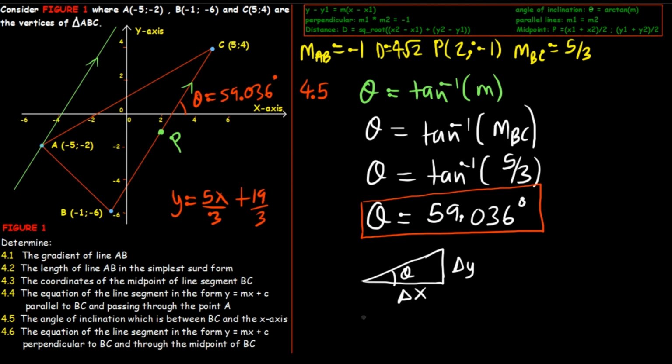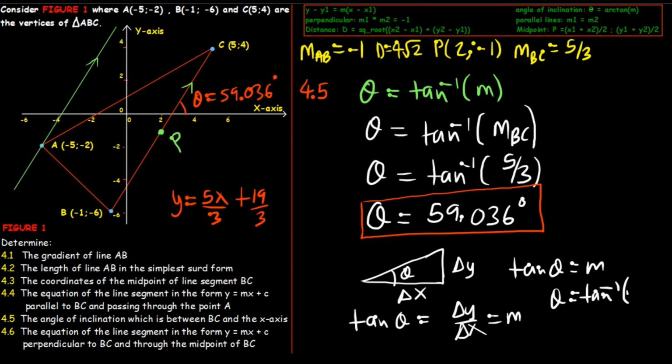If we apply trigonometric ratios, we can say tan theta is equal to change in y over change in x, which is just the gradient, right? Which implies that tan theta is equal to m, therefore theta is equal to tan inverse of m. So this gradient comes from this line, and we applied it this way.